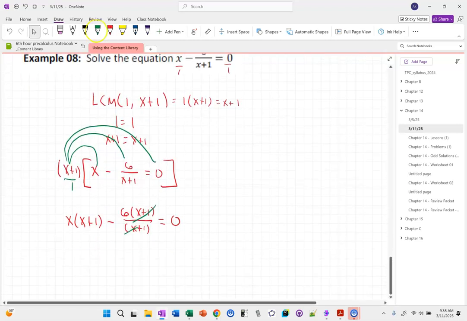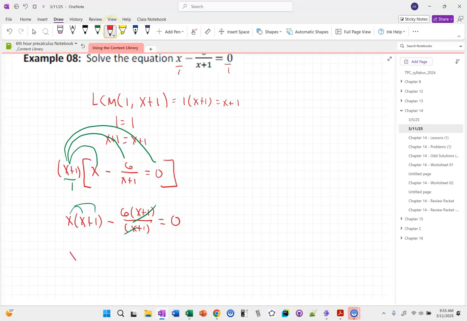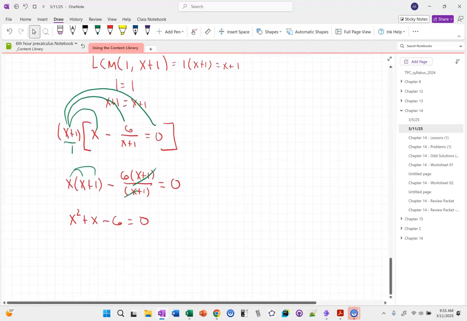So we're there. Let's distribute the x through, if we're going to have to solve for x here. So I'm left with x squared plus x minus 6 equal to 0. What type of equation is this? Quadratic. How do you want to solve it?